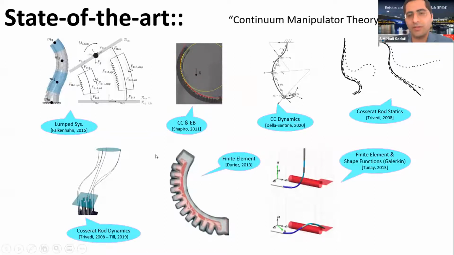So I did a literature review during my PhD. There has been the lumped system approach, constant curvature with the Euler-Bernoulli approach, constant curvature dynamics, Cosserat rod statics, and later on dynamics, and the finite element approach, implemented by the time that I got into the field.